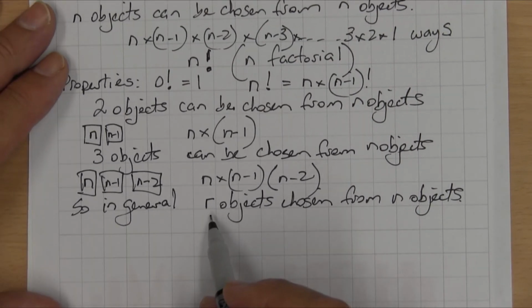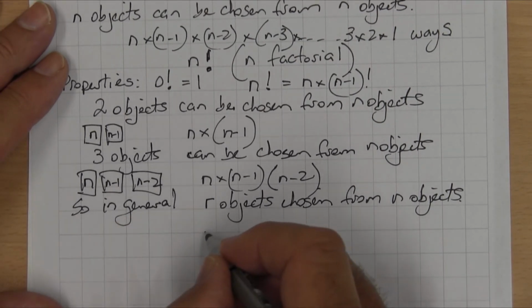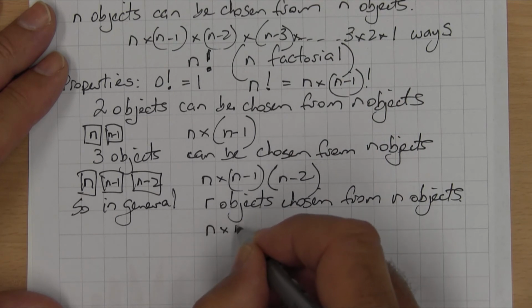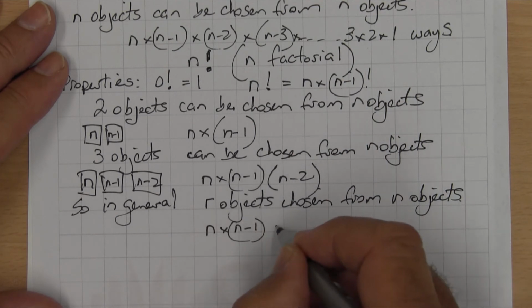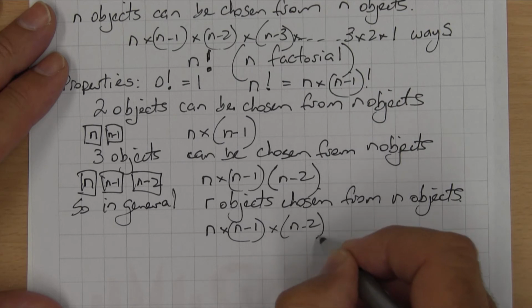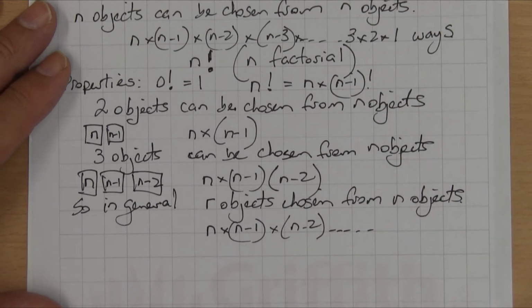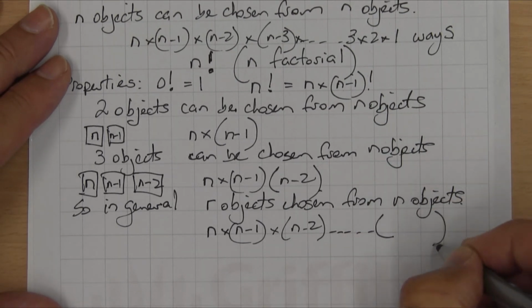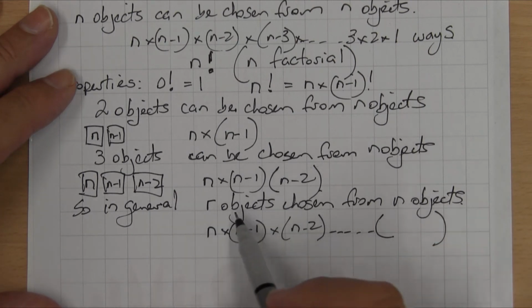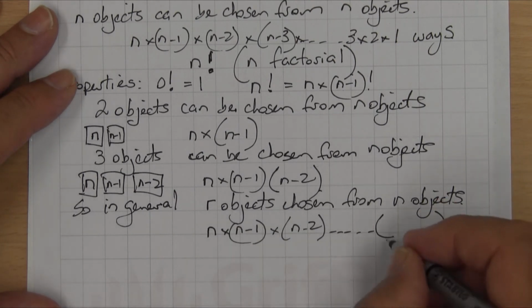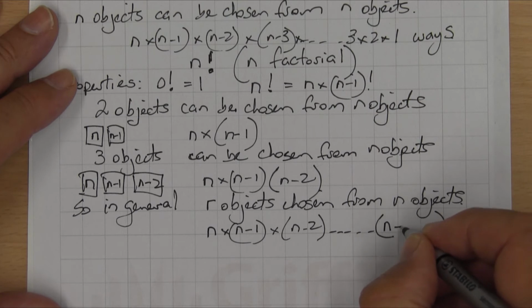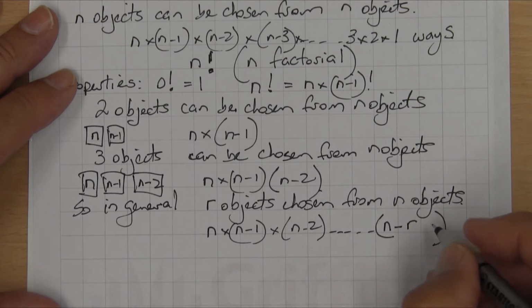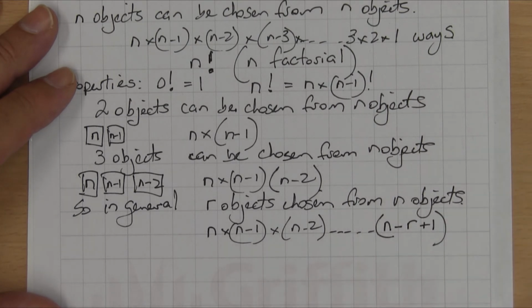So if we've got r objects, we've got n times n minus 1 times n minus 2. Now the last factor, what is going to be the last factor here? It's got to be 1 less than that. So it'll be n minus r plus 1.